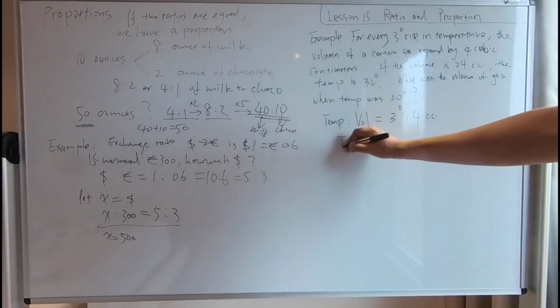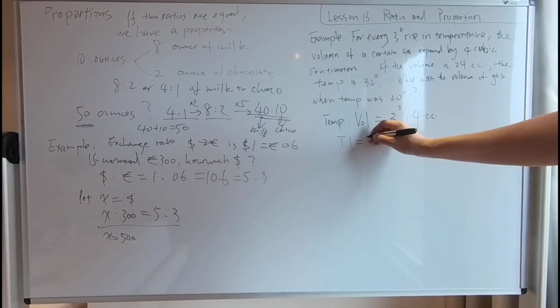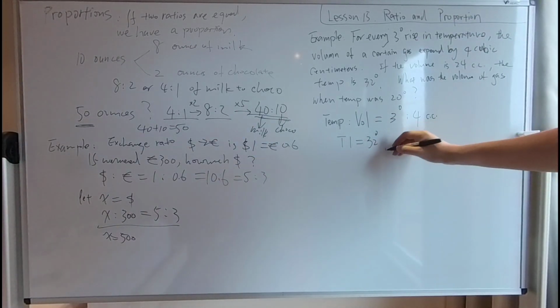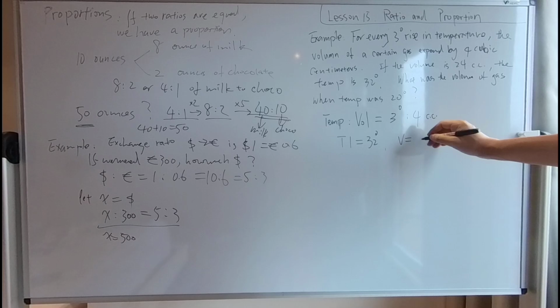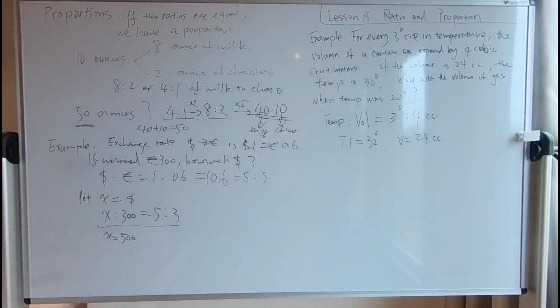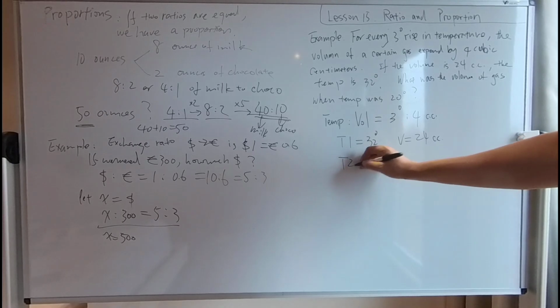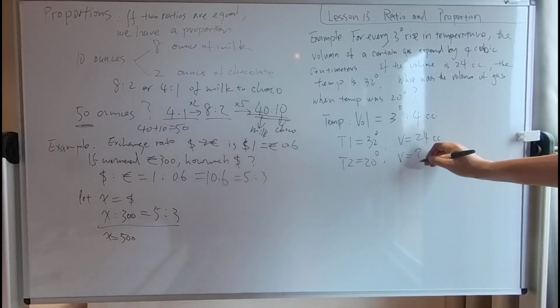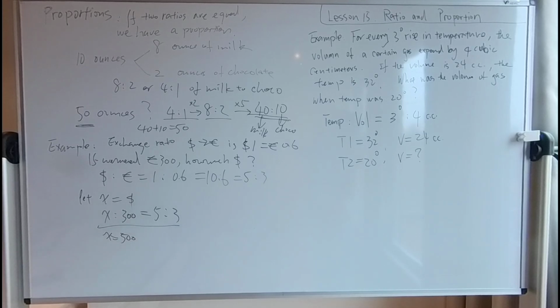And in temperature, let's say T1, when the temperature is 32, the volume is 24 cubic centimeters. Then the question is, when the temperature is 20, what is the volume?